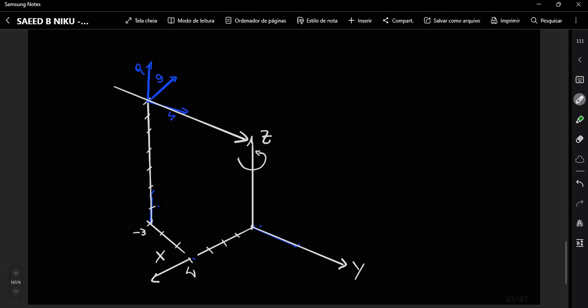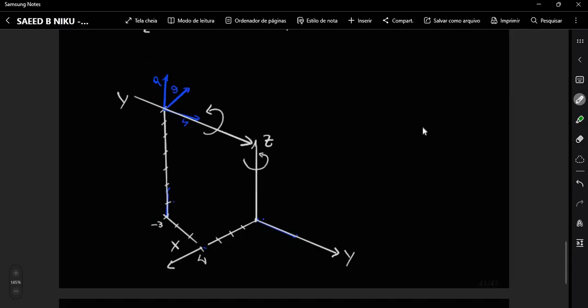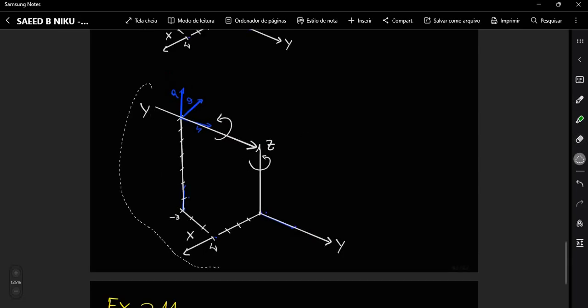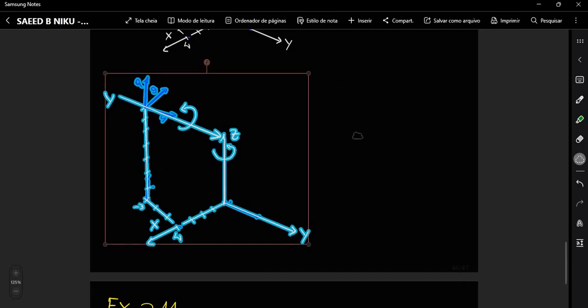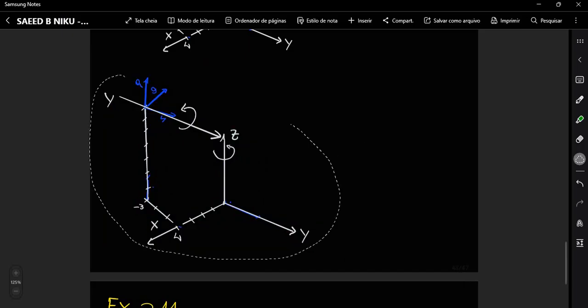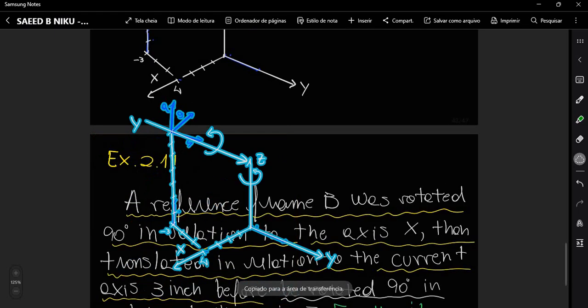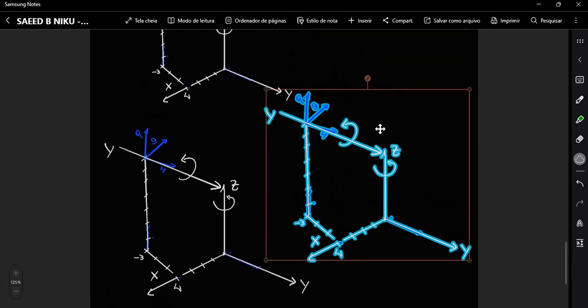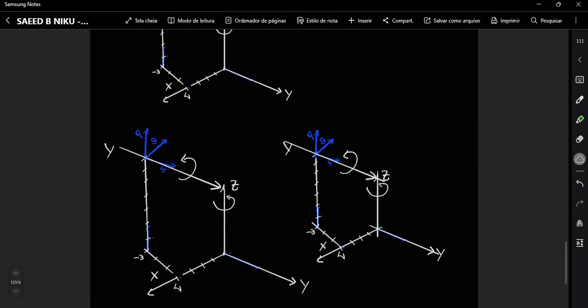So imagine that the axis Y now is right here, and if we rotate 90 degrees, but as this axis is Y, and hope you can see what's gonna happen right here. I'm gonna need space right here.